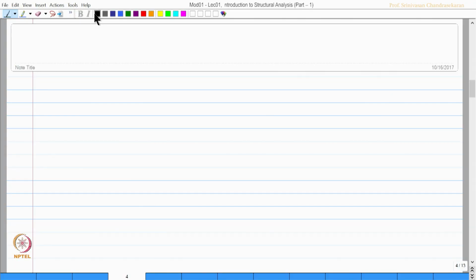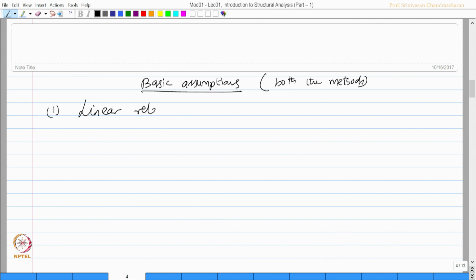Now, both the methods have certain basic assumptions, because every problem formulation has some idealization. So, what are the basic assumptions which are applicable to both the methods? 1. Linear relationship exists between applied load and the resulting displacement.